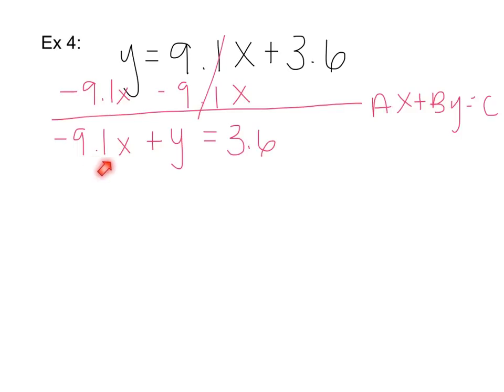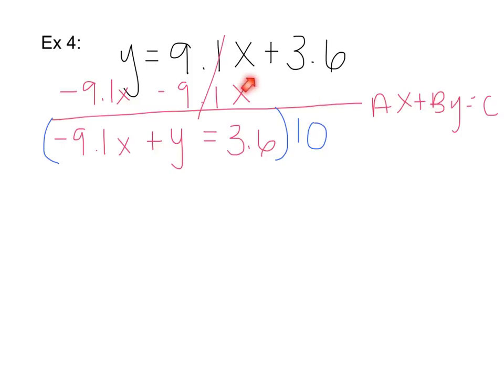Now we need to think about what number could we multiply by that would get rid of these decimals. How would I get rid of that 0.1 and that 0.6? I need to just scoot my decimal point over 1, and then that would make them whole numbers. So to just scoot it over 1, if I multiplied the whole thing by 10, it will get rid of that decimal.